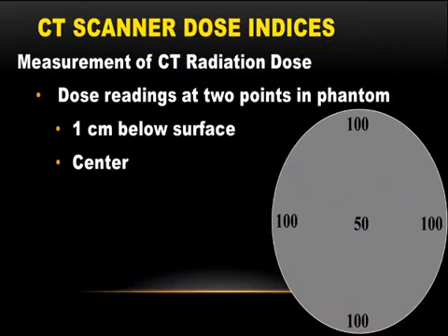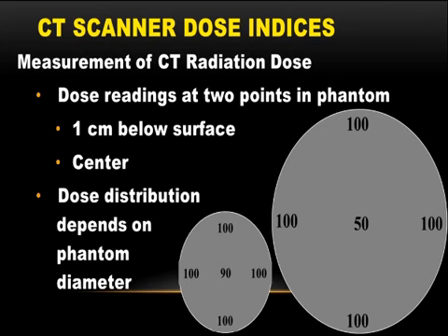When we make these measurements, the surface dose for the 32 centimeter phantom is approximately twice the dose of the central measurement. And so in relative units, if we have 100 units at the surface, we're going to have 50 at the center. For the 16 centimeter phantom, if we have 100 relative units at the surface, we're going to have 90 units at the center.